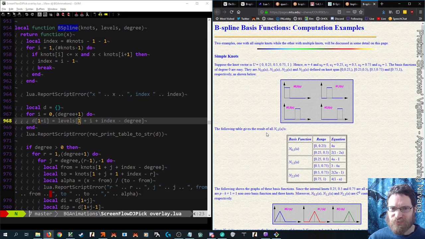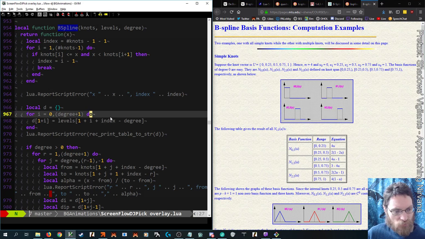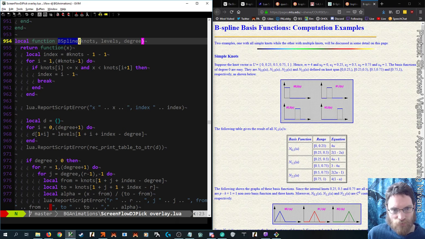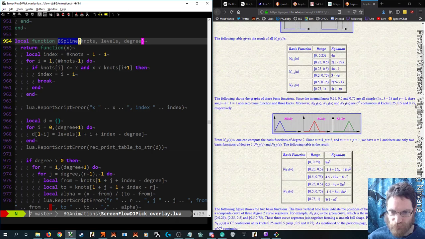So this table, the interval knots. Oh. Maybe this is where we do have to... Those are the interval knots. They're not describing the knot vector here.